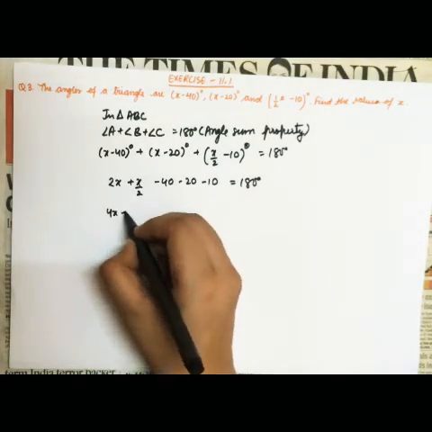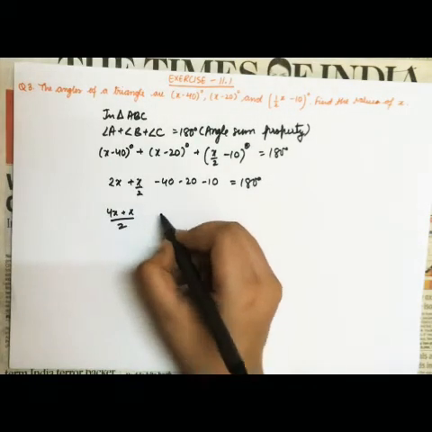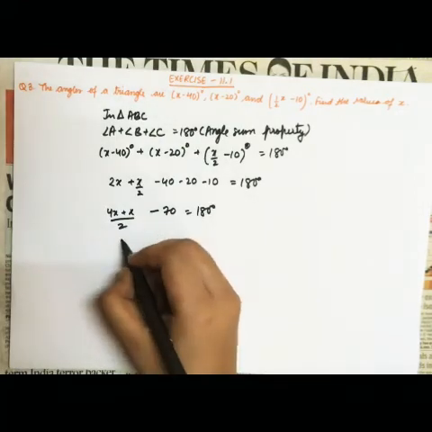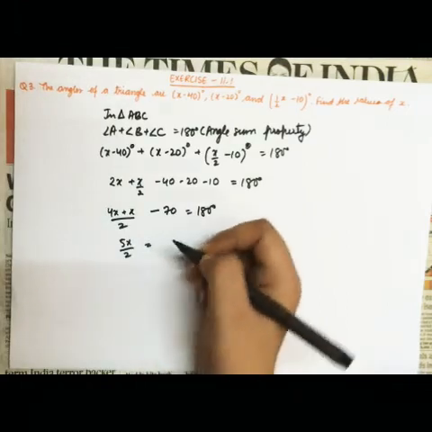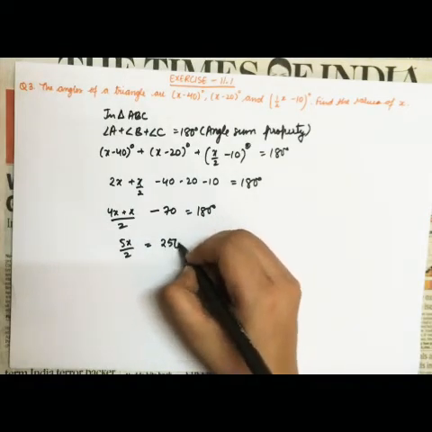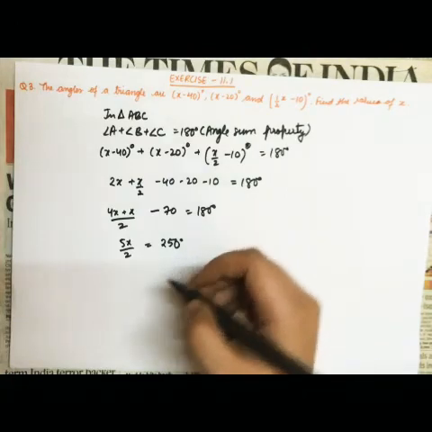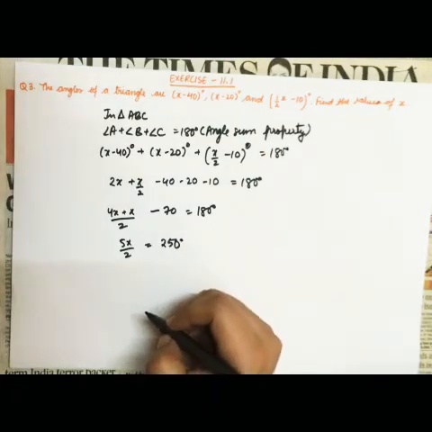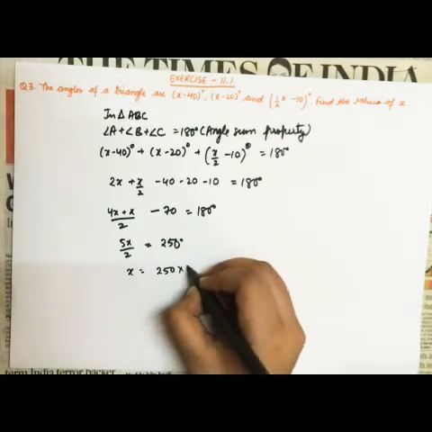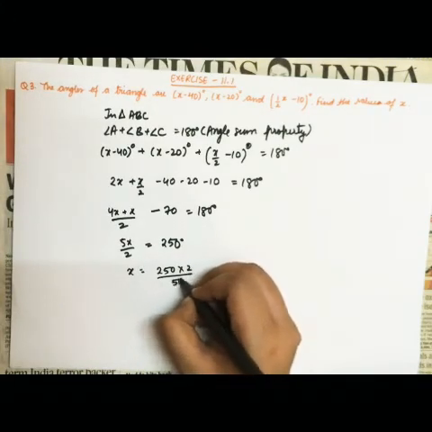Now 4x plus x by 2 minus 70 is equal to 180 degrees. Now 5x plus 2 is equal to 180 degrees plus 70 degrees, which is equal to 250 degrees. Now x is equal to 250 by 5, which is 50 degrees.